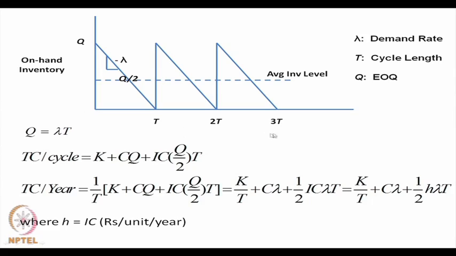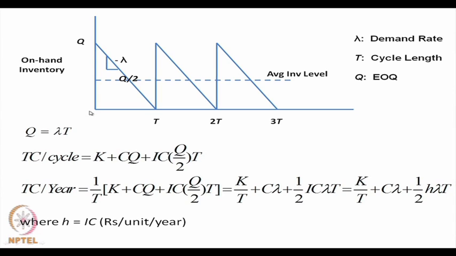We can show this in the form of a diagram such as this. In this diagram, the x axis is time and the y axis is the on hand inventory. If we have a maximum amount of inventory held as Q, lambda is the demand rate and T is the cycle length, then after T time this Q will be depleted to 0.